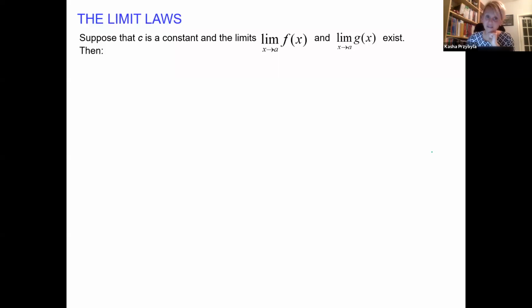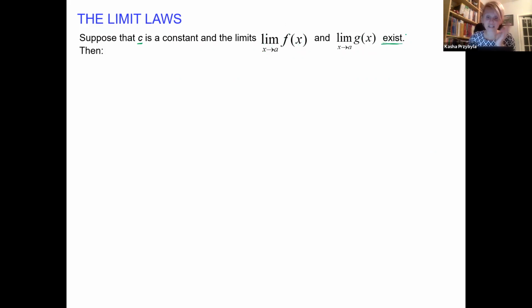That means we will definitely need algebra. I can show you a few properties, the limit laws. We will have a constant c, and we will also have a limit of the function f and the function g at a. We're assuming that the limits exist for now.